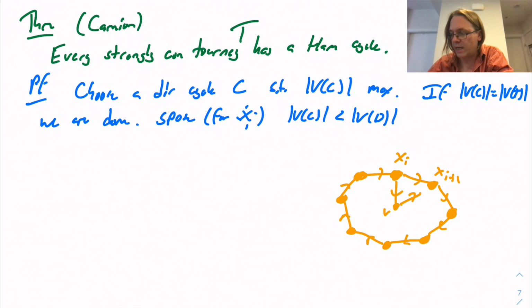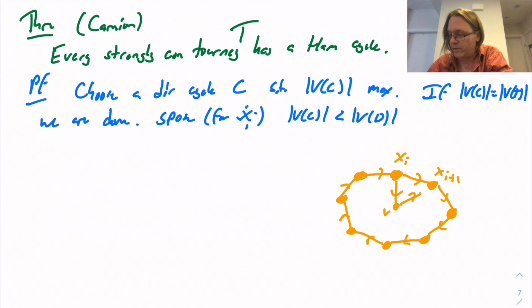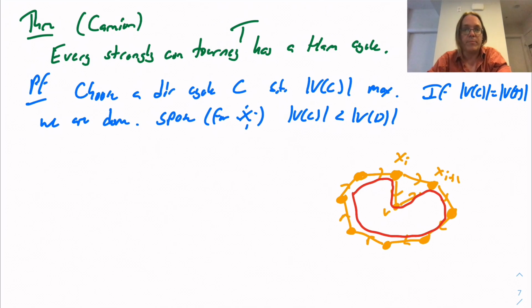And suppose that x_i has an edge directed to V, and there's an edge from V to x_{i+1}. Then you can see how to make this cycle longer. You could easily get one that is just one vertex longer. So if you had two consecutive vertices, x_i and x_{i+1}, where x_i has an edge to V and V has an edge to x_{i+1}, then you could improve.